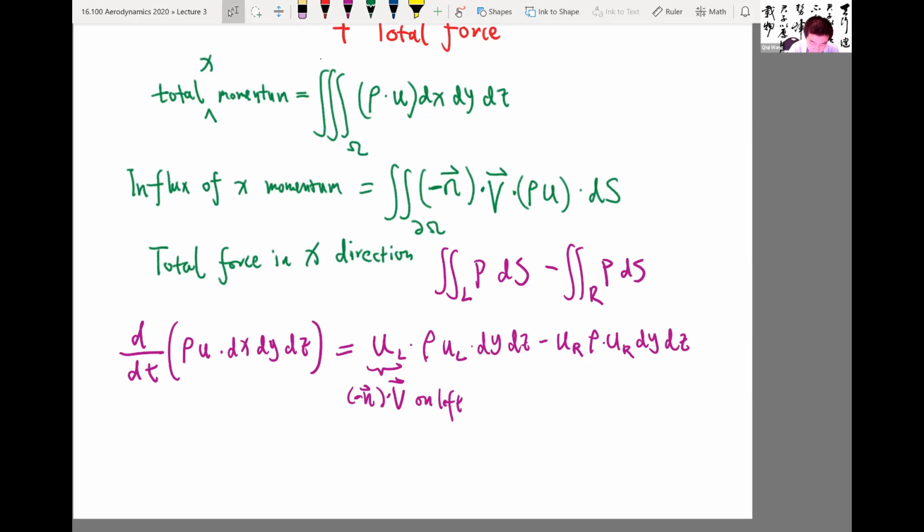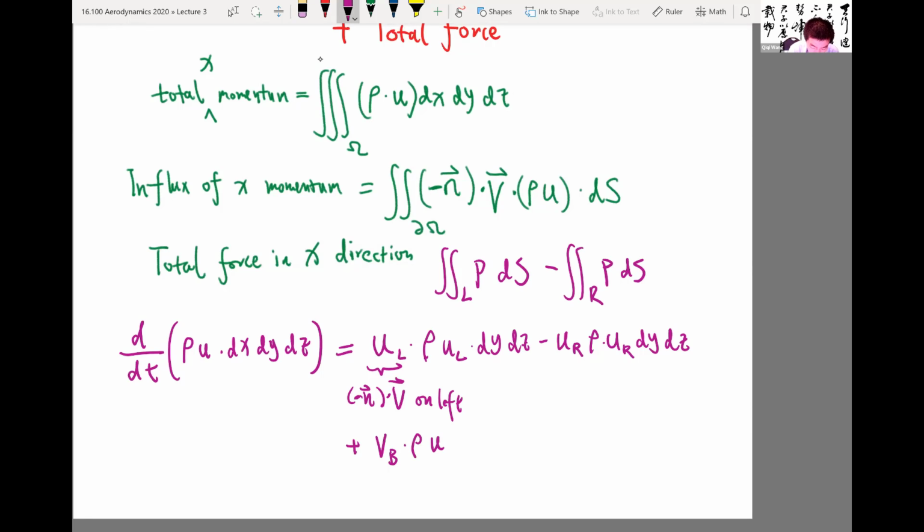And then we also have the upper side and lower side. On the lower side, minus n dot with v gives us the y directional velocity. So we have v at the bottom times rho u, right?